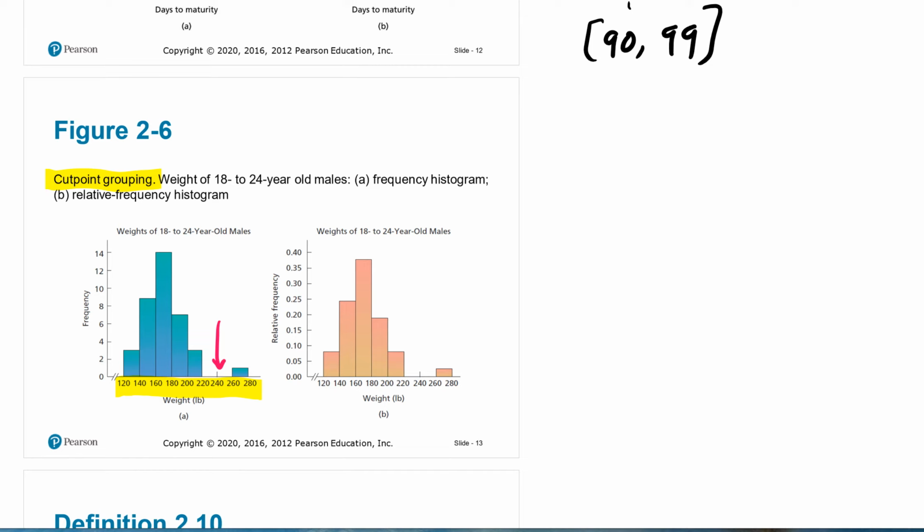But maybe someone said that his or her weight falls between 260 and 280, and that's what the last bar is for. Although there's nothing between 220 and 260, we still have to include it in our sketch. And the same thing happens here, and the only difference between these two graphs is that one is frequency, one is relative frequency.